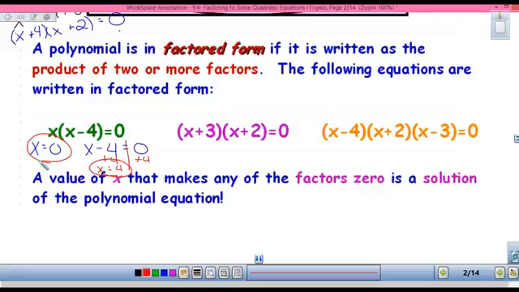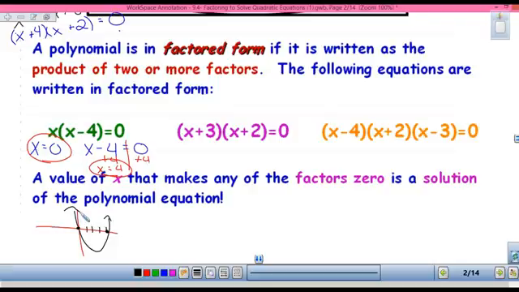Well, because that's where it crosses the x-axis. So this is saying that it crosses at 0, and it crosses at 4. So it would look something like that. Most of the time you're going to get 2. How many else could you get? 1 or 0. Have we ever had this cross in 3 places?